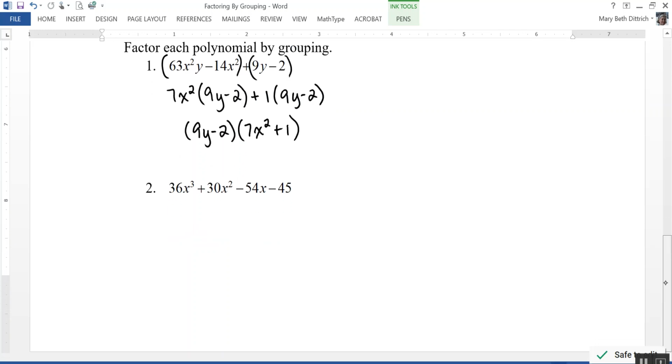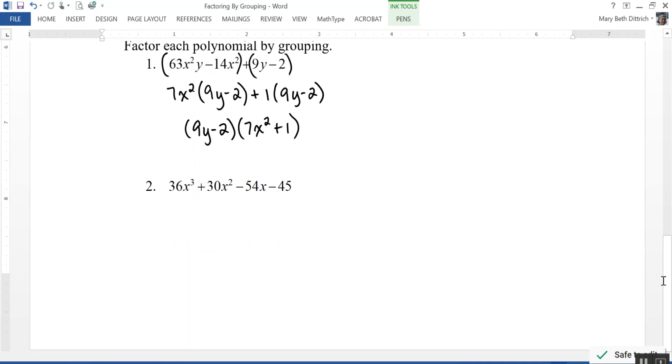So I have 36x cubed plus 30x squared minus 54x minus 45. And looking at this, I believe I have a greatest common factor of all of these, and it looks like it's going to be a 3.